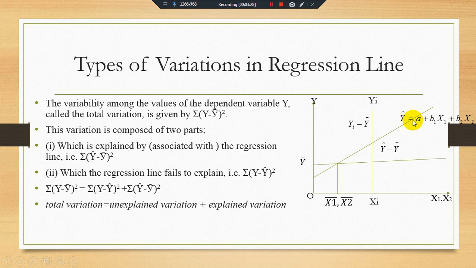Under the estimated regression line we have the explained variation, and above it we have the unexplained variation, which is not explained by x1 and x2, our two independent variables, and not explained by this estimated regression line.